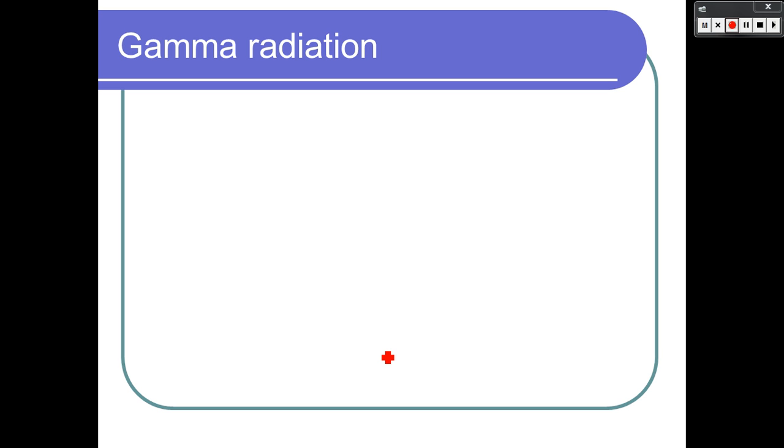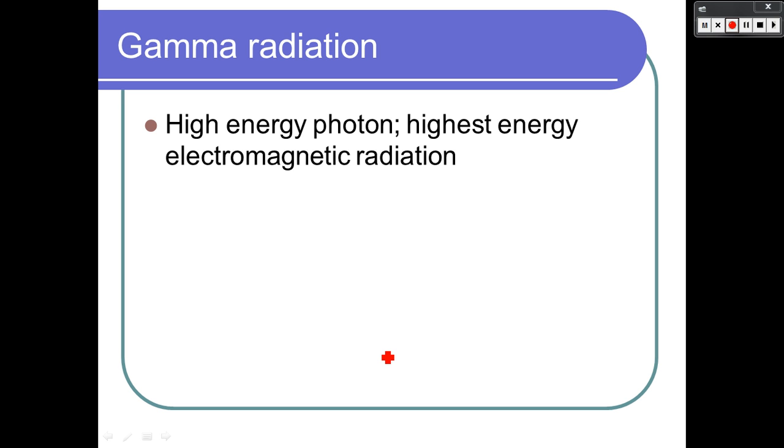And then finally we have gamma radiation. And gamma radiation is not a particle. If you go back to the electromagnetic spectrum, gamma radiation is on the high energy, high frequency, short wavelength side of the electromagnetic spectrum. And gamma radiation is a high energy photon. A photon is essentially a packet of energy.